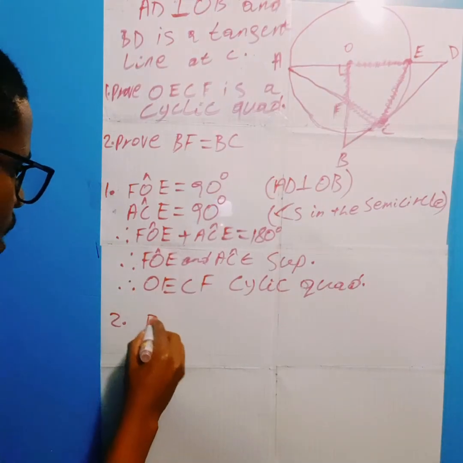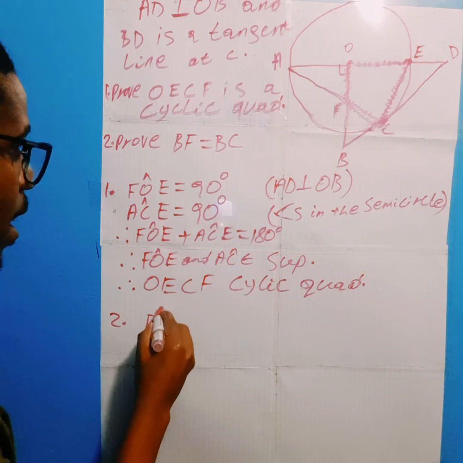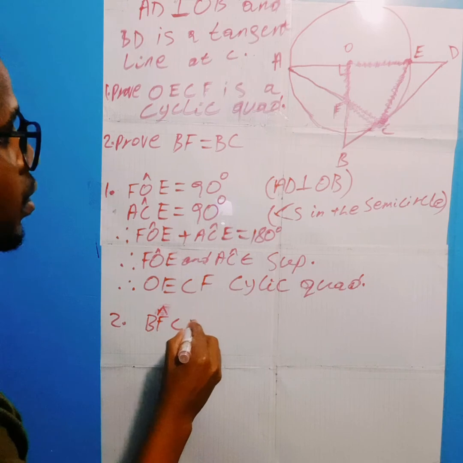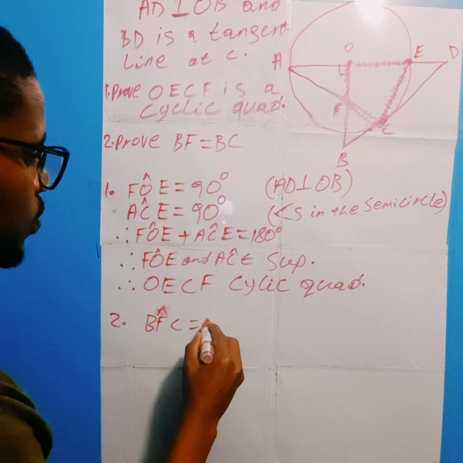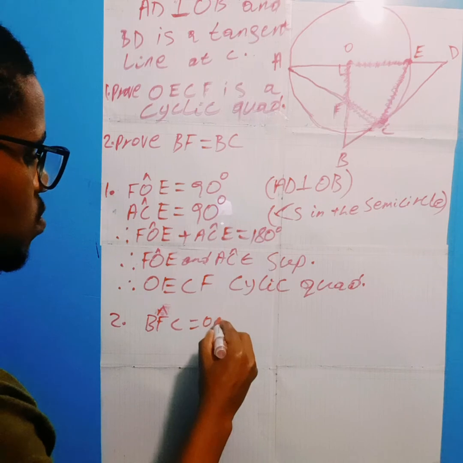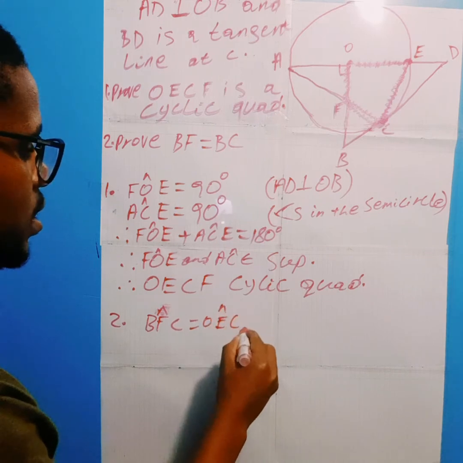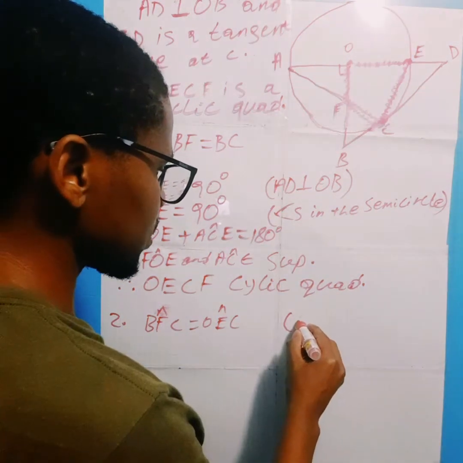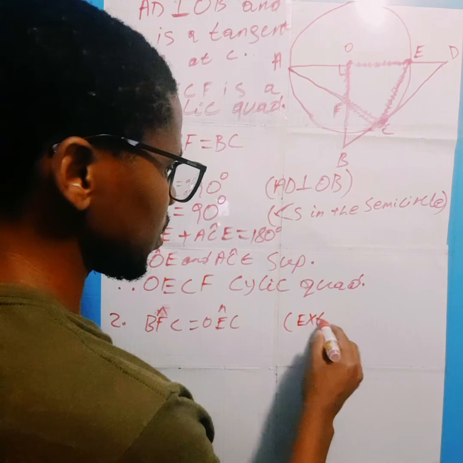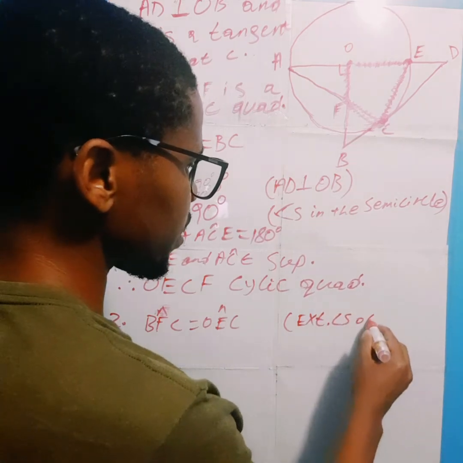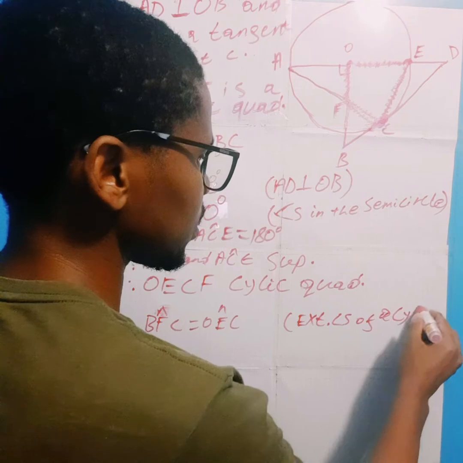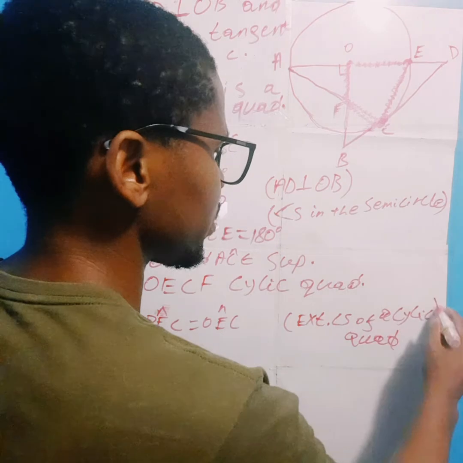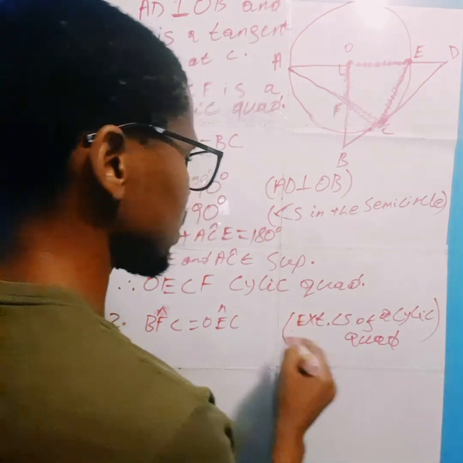So you just say the angle BFC is equal to angle OEC. The reason is the exterior angle of a cycle quad.